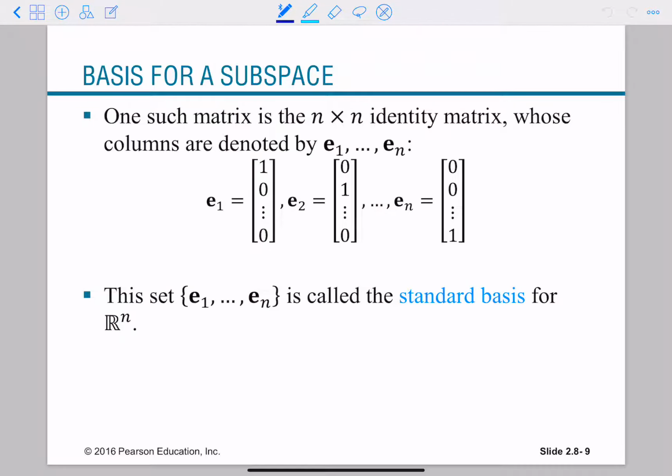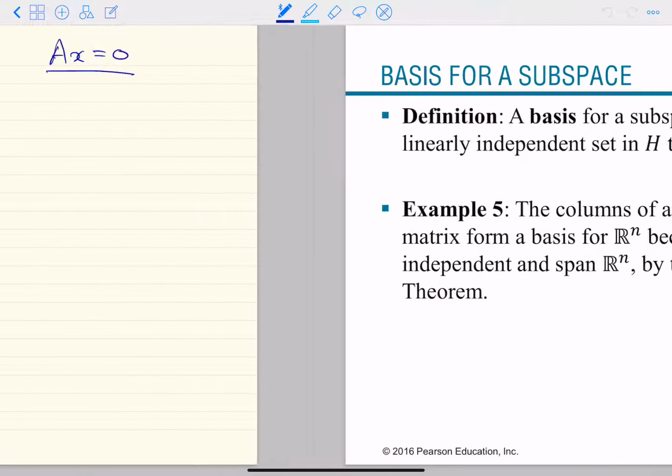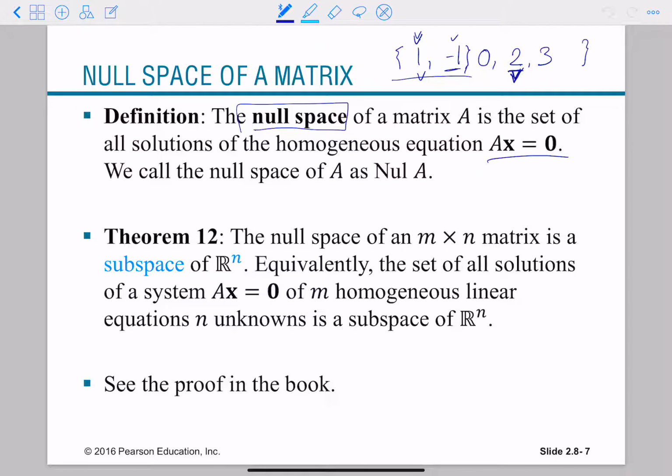Okay, and then we studied these two subspaces related to a given matrix.